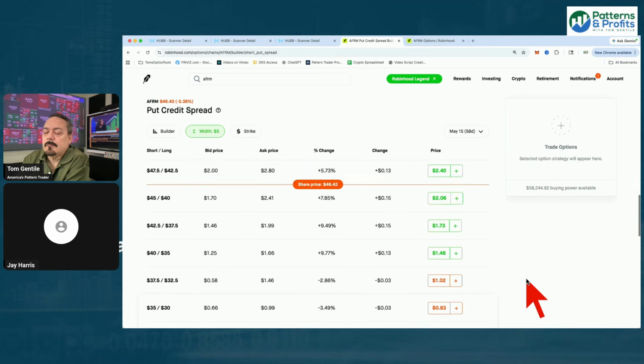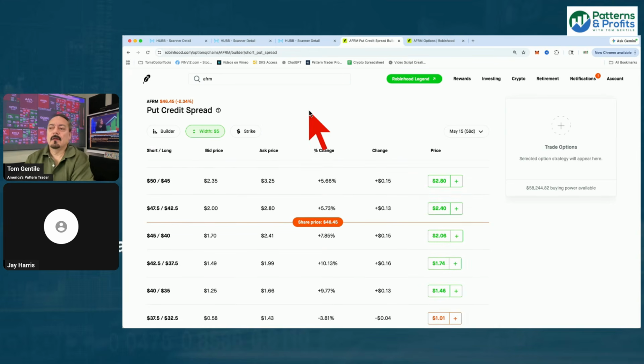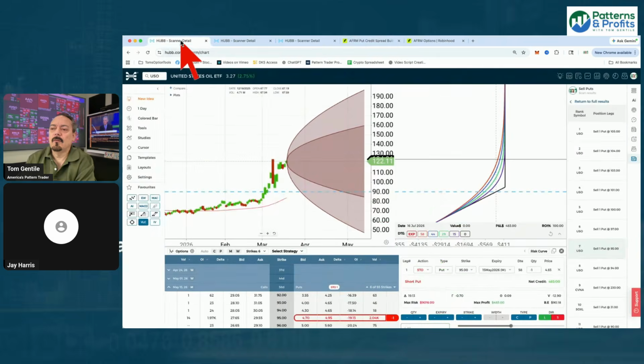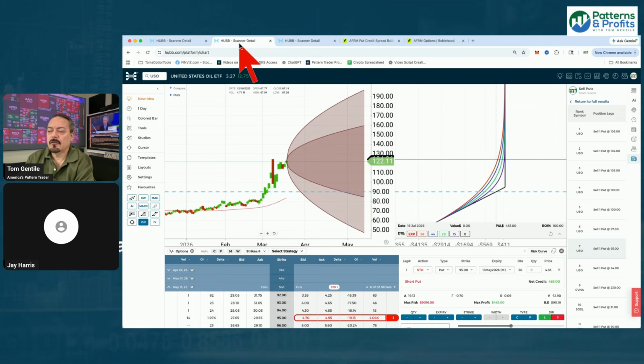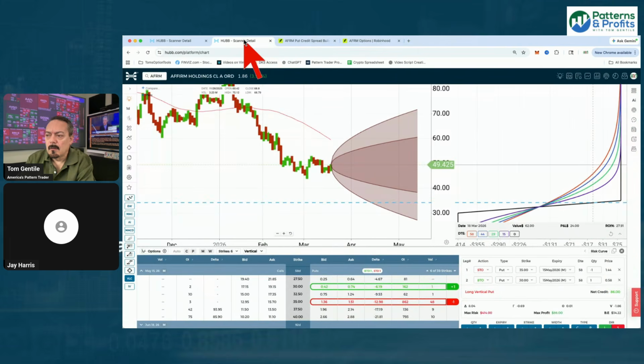So let's see. Back to our scanner. What we've done is we've taken the Affirm chart that you see there, and we've added probability. We've created our put scan, which was the May 35s, and our 35/30 put spread, which was mid priced at 86.